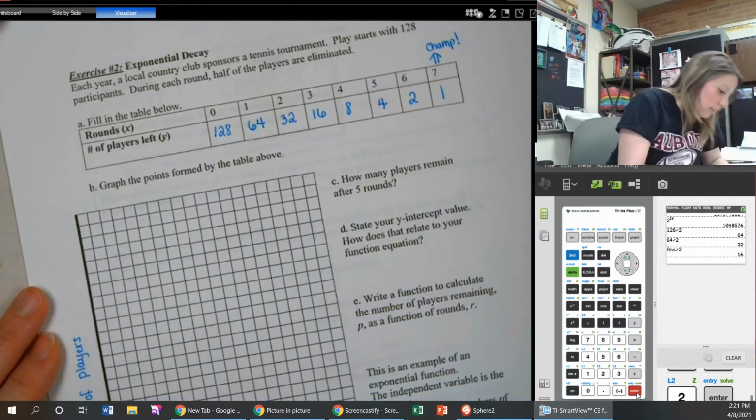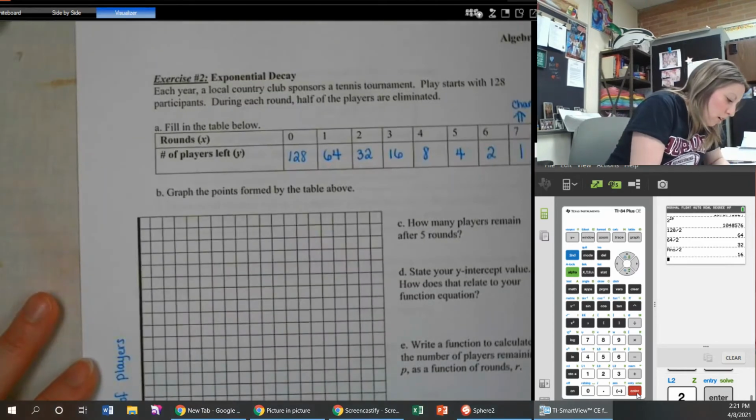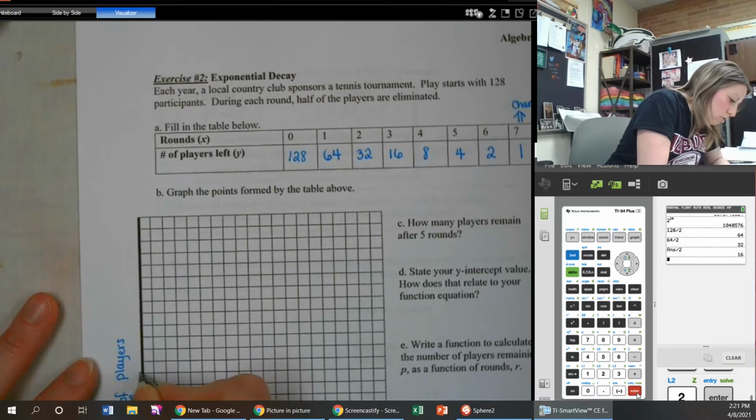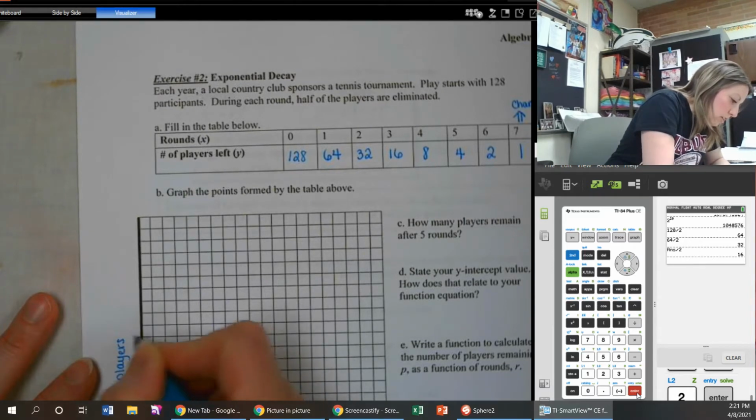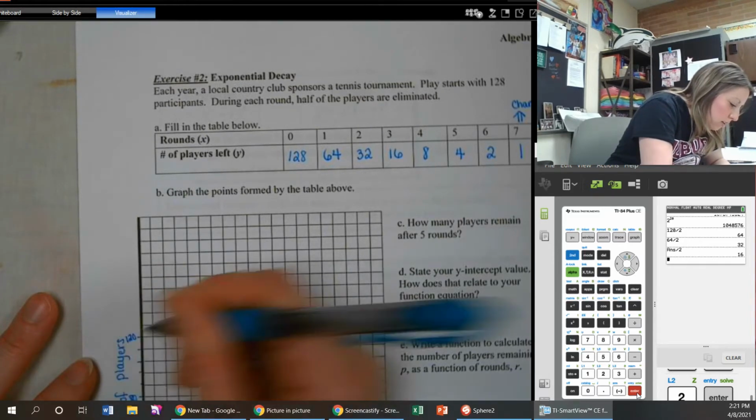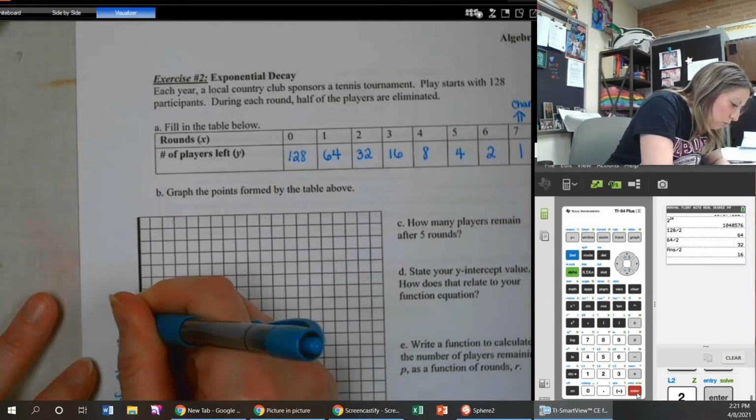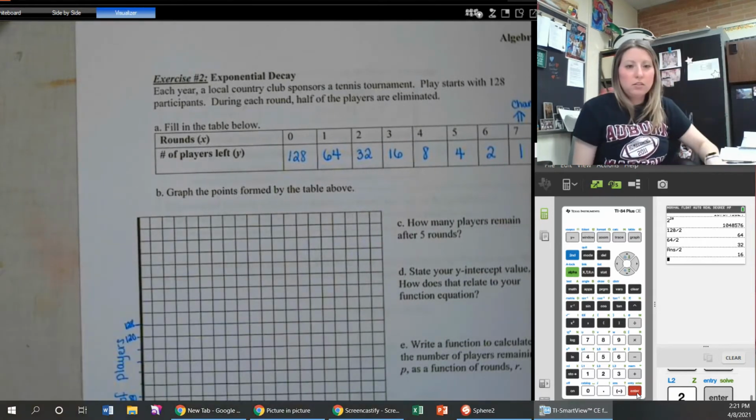That's going to be tough toward the end. Then 1, 2, 3, 4, 5 is 80. 1, 2, 3, 4, 5 is 120. And that means this is 128 right there. That's what I was trying to get to.